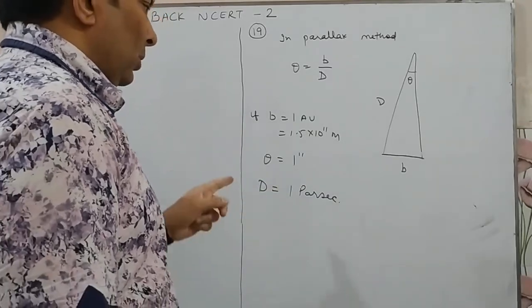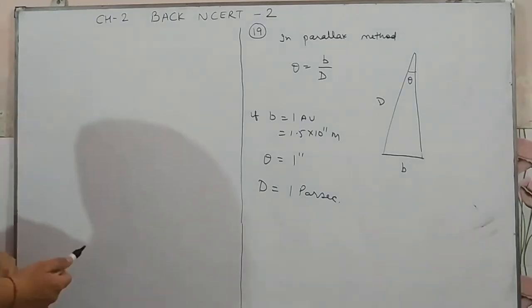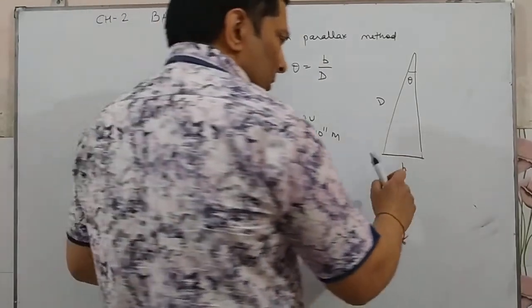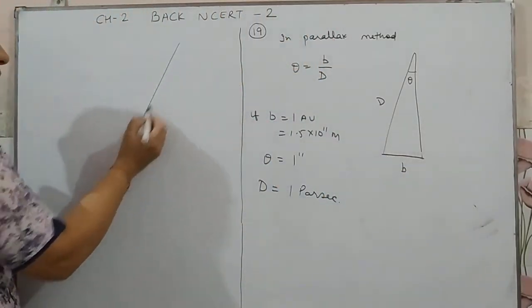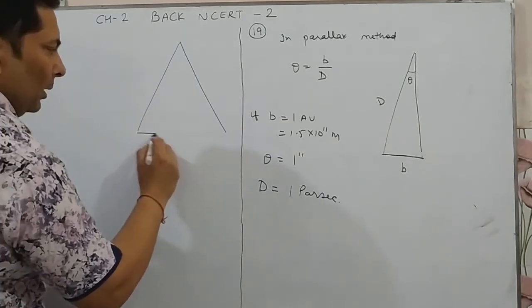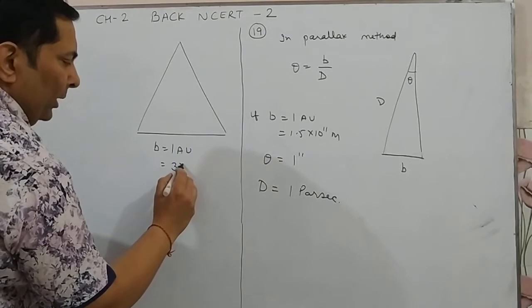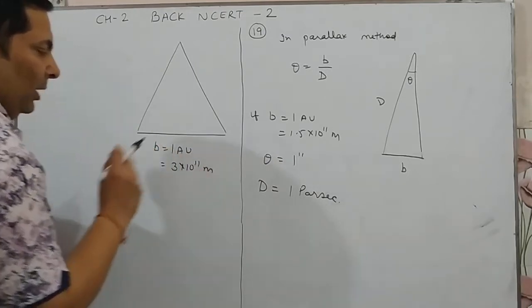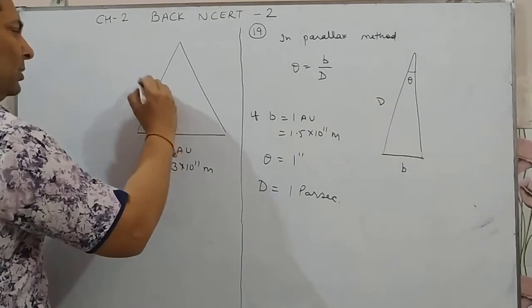Now, a little modification is required for solving this question. In this question, they have told you that if we take b equal to 1 AU, that is 3 into 10 raised to the power 11 meter, as given in the question, we need to find this distance d.